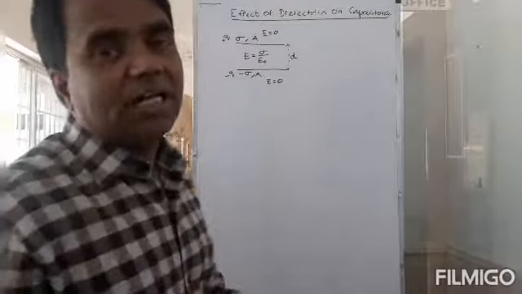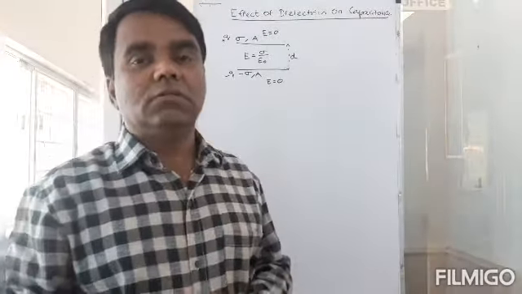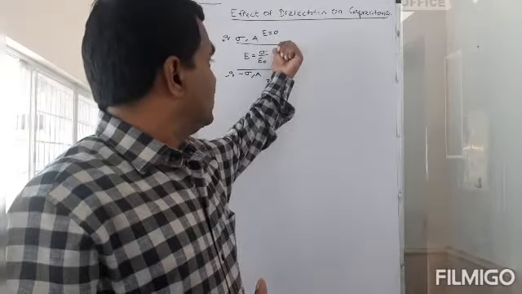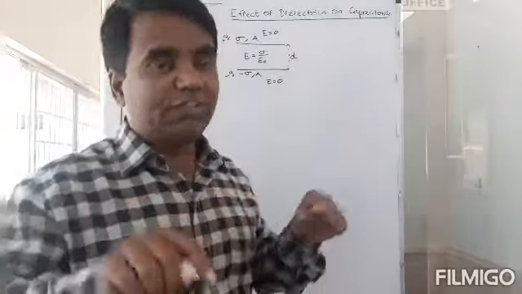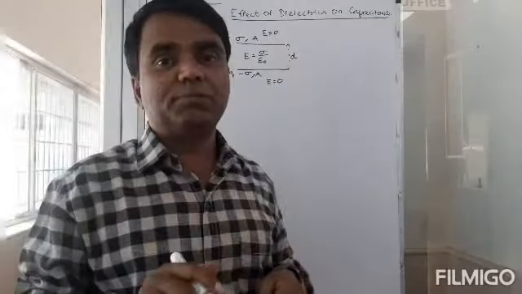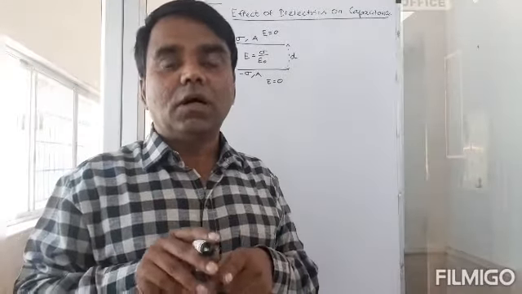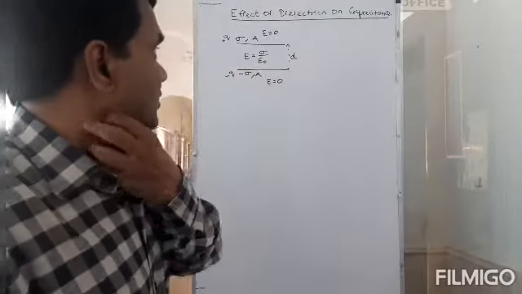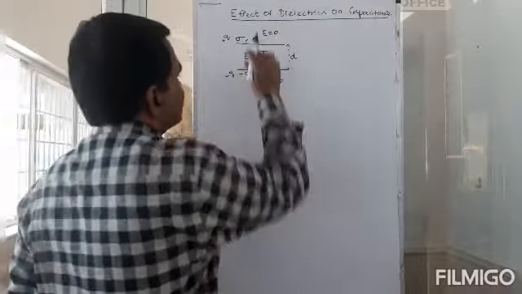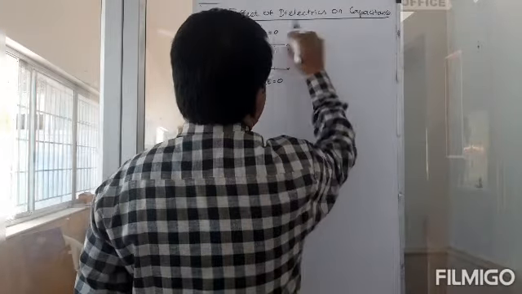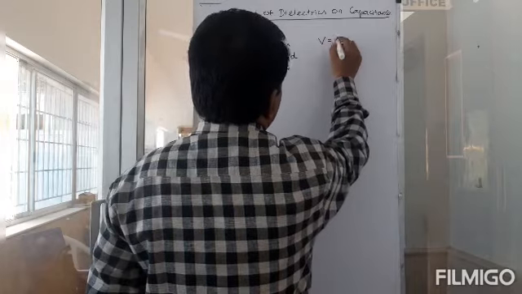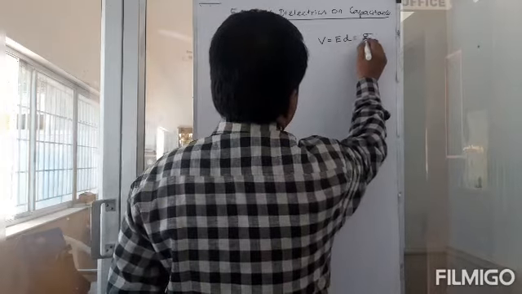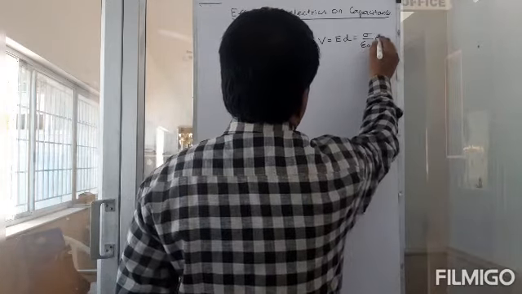Each plate will have sigma by 2 epsilon naught as the field strength, and the direction of the field of each plate will be the same, so they will add up. So E is equal to sigma by epsilon naught. It also gives you the potential difference, right? So what is the potential across the plates? V is equal to E into D, and that was equal to sigma by epsilon naught into D.